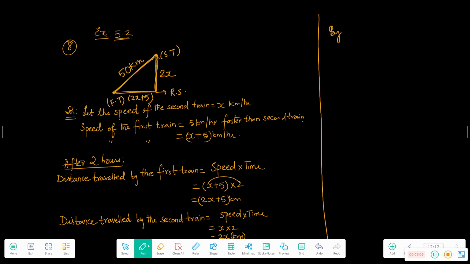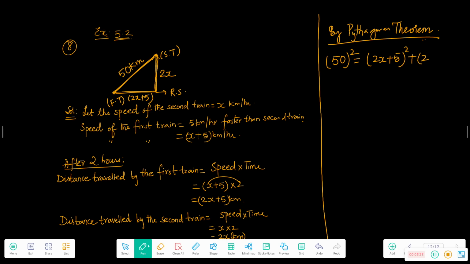By Pythagoras theorem, taking the right angle triangle, hypotenuse square is equal to 2 times x plus 5 whole square plus 2x whole square. So 50 square is 2500.